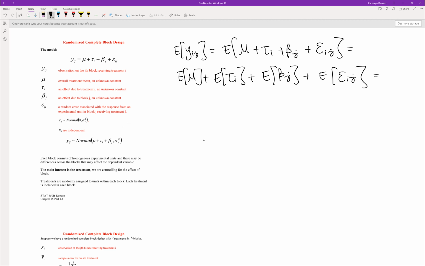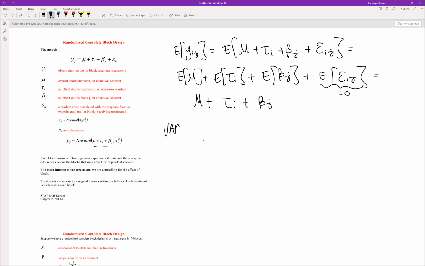Now remember that mu, tau i, and beta j are unknown constants, so those expected values are just mu plus tau i plus beta j. The expected value of epsilon ij is equal to 0. So the expected value of yij is just mu plus tau i plus beta j. That's what we found here.